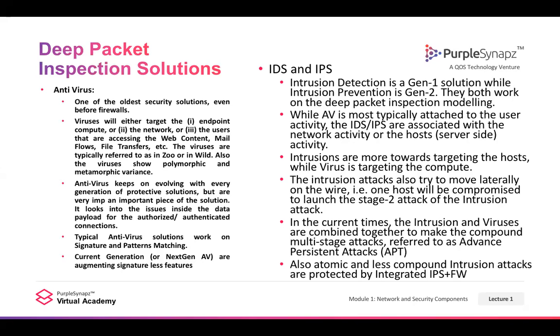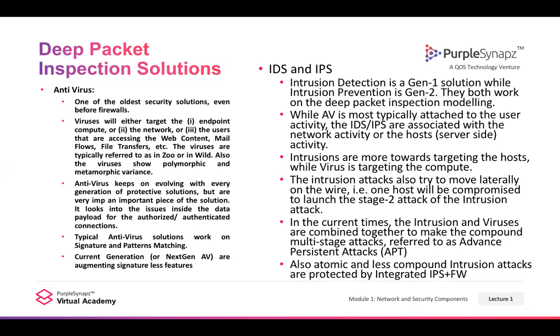However, in intrusion, it is not the starting point, it is the end point. They target the servers. If a user sitting outside is targeting the server which is hosted inside the data center, this is typically intrusion. So intrusion and viruses technically might have a similar way to propagate and create a problem, but the way they are introduced in the network is different.